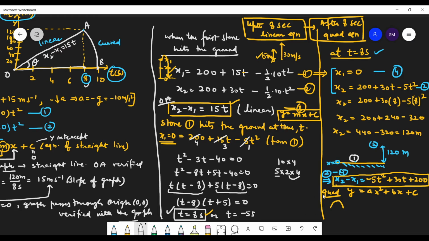So now we can see that as time progresses, x2 minus x1 was increasing as time keeps on passing, but now you can see that because x1 has become 0 and its body will come near, x2 will decrease, it will come near to the origin. So ultimately x2 minus x1 will also decrease.